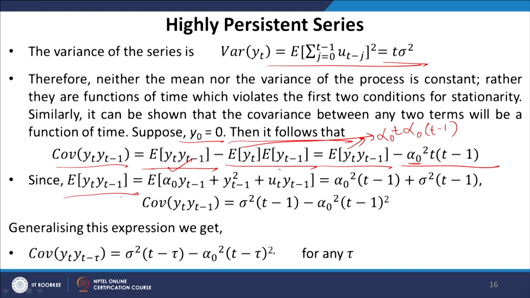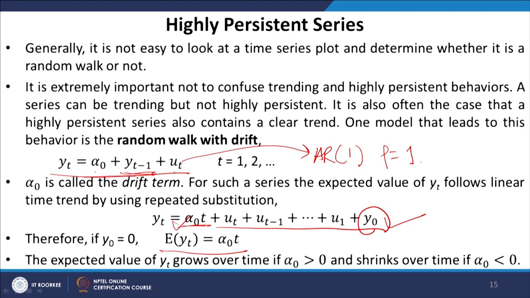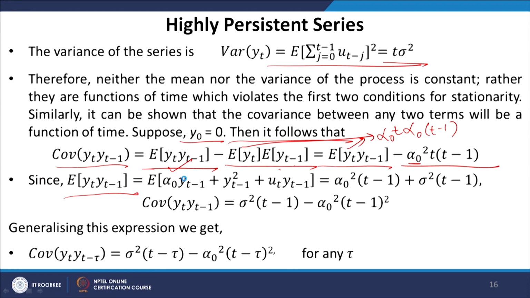And we can find that the expected value of yt yt minus 1, which is basically multiplying this series by yt minus 1 and taking expected values, gives us this expression. Therefore, the covariance between yt and yt minus 1 is sigma square t minus 1, plus alpha naught square t into t minus 1, minus alpha naught square t into t minus 1. Rearranging terms, I will have this expression.